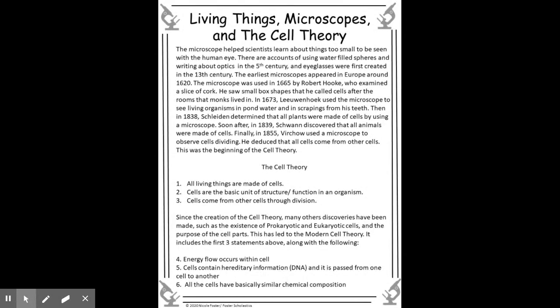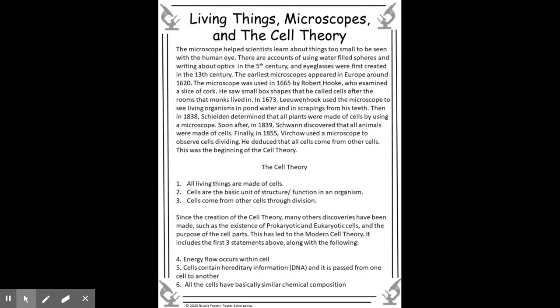The microscope was used in 1665 by Robert Hooke, who examined a slice of cork. He saw small box shapes that he called cells after the rooms that monks lived in. In 1673, Leeuwenhoek used the microscope to see living organisms in pond water and scrapings from his teeth.